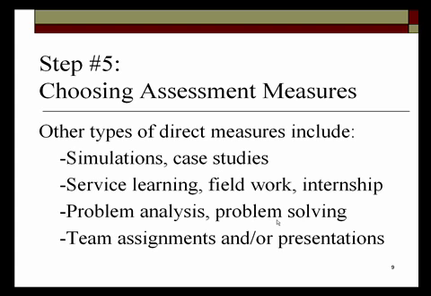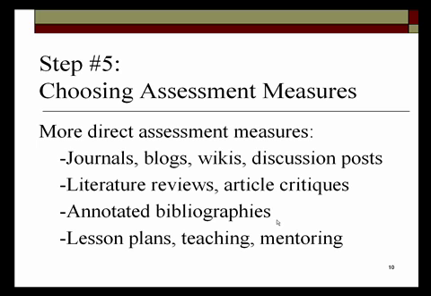Other types of direct measures include simulations or case studies, service learning, fieldwork, internships, problem solving, and team assignments or presentations. Finally, more direct assessment measures can be journals, blogs, wikis, discussion posts, videos, student films, literature reviews, article critiques, annotated bibliographies, or student lesson plans, student teaching, or mentoring.